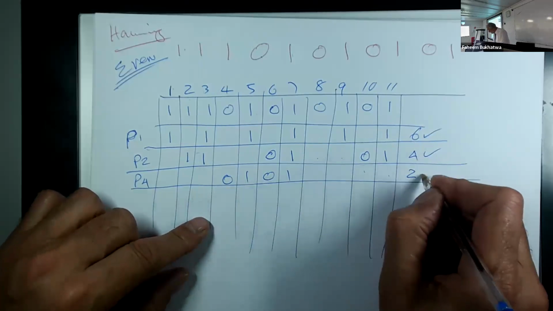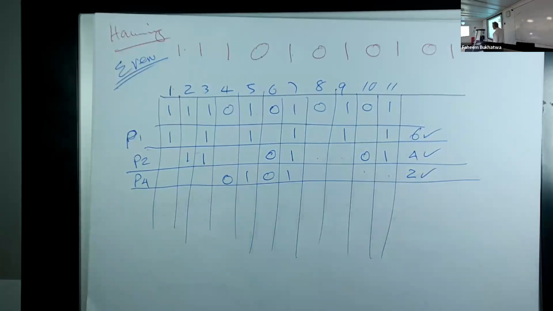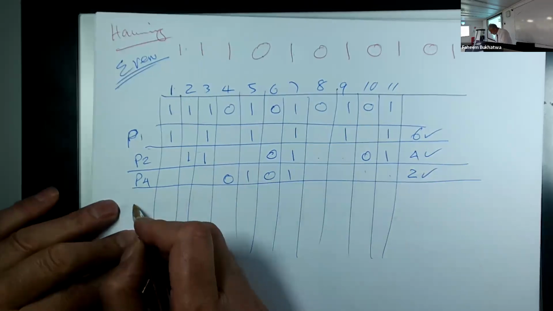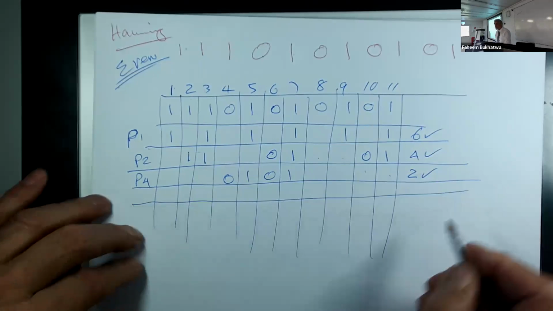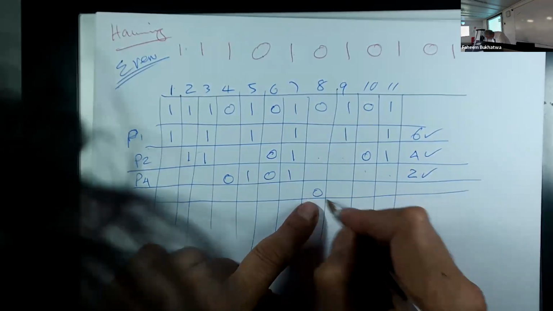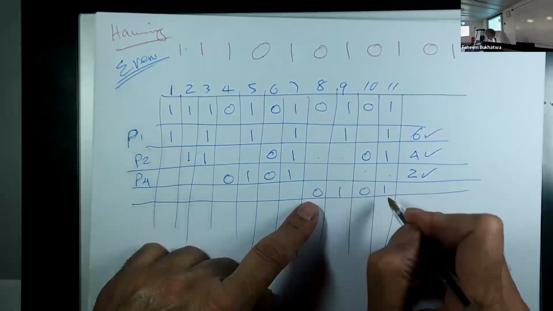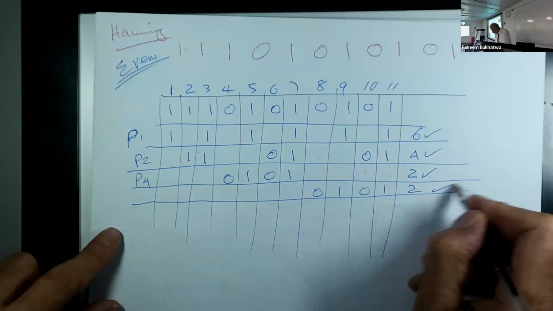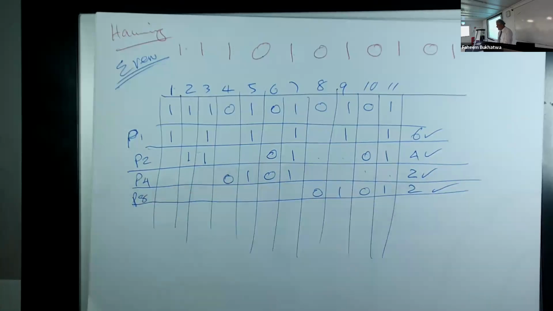No. There are 2 bits that have the value 1, and there is no error. Now, who's going to help with parity 8? 8, 9, 10, 11. No problem. So there are no errors in anything.